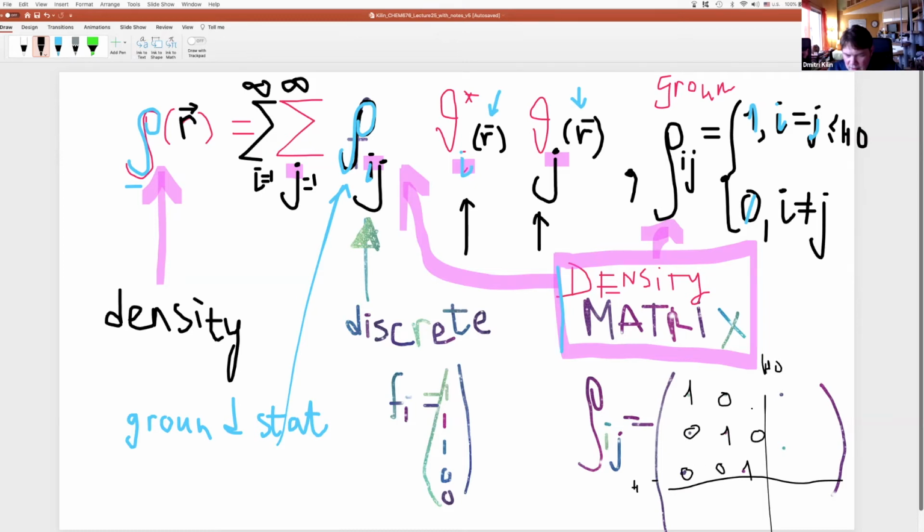And then everywhere apart from this lowest indices block, everywhere except this part, it will be zeros, on the diagonal and off diagonal. So all elements will be zeros. So this is the general density matrix suited for the ground state. By setting up the density matrix in this way, we still can practice ground state DFT.